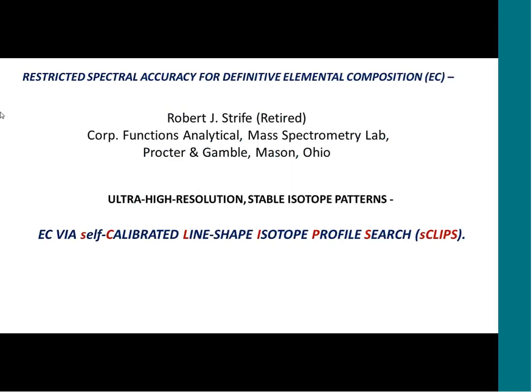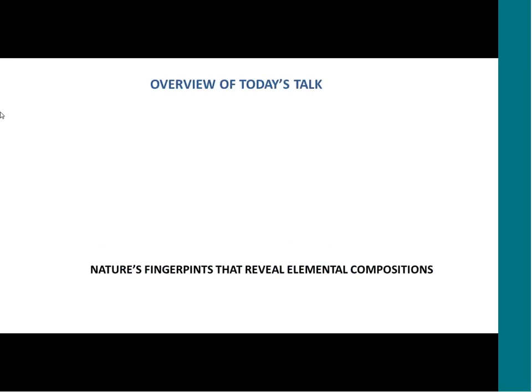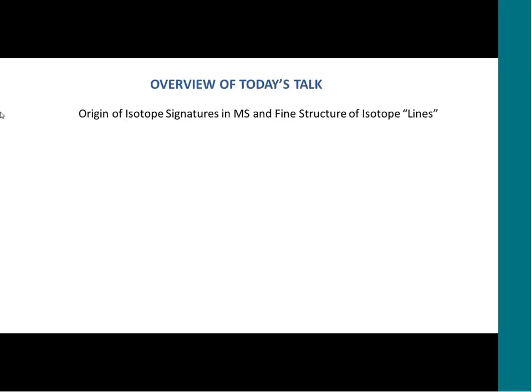That's a mouthful, so we'll call it S-CLIPS. That's what it's generally recognized as. And again, the evaluation of these patterns is carried out by the software, and I call the patterns nature's fingerprints for revealing elemental compositions.